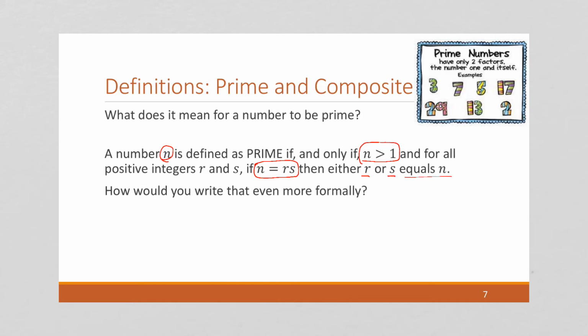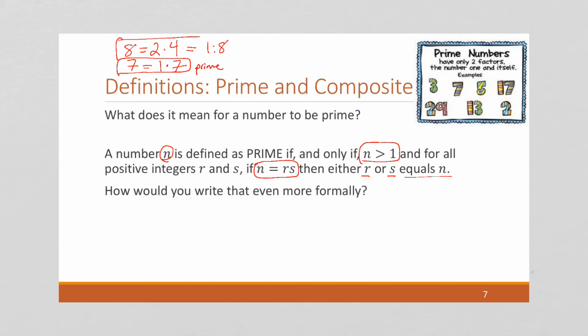It's a little more difficult of a definition, but the idea is that a number like 8 is made up of multiple factors, right? This is equal to 2 times 4, or it equals 1 times 8. Prime numbers are only equal to 1 times themselves. So 7 is a prime number, and it's only equal to 1 times 7. There's no other factors.